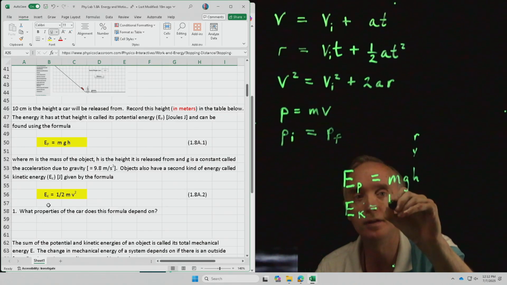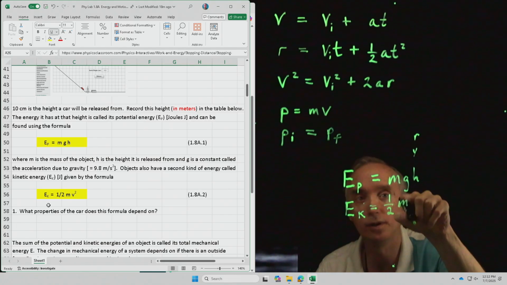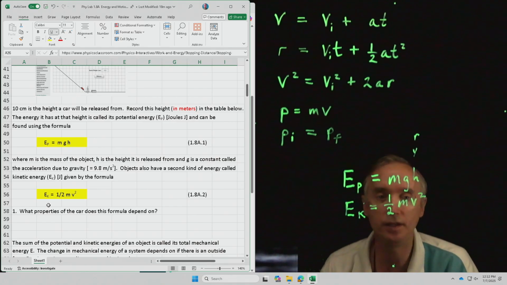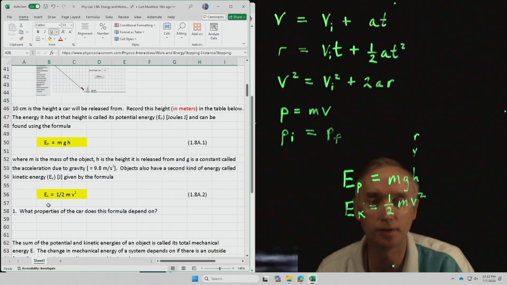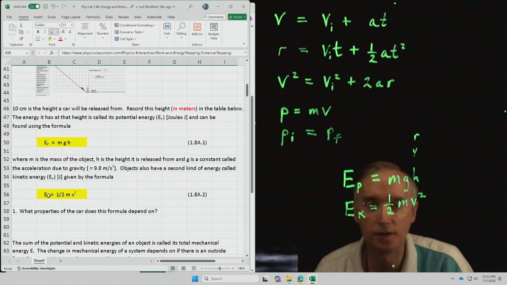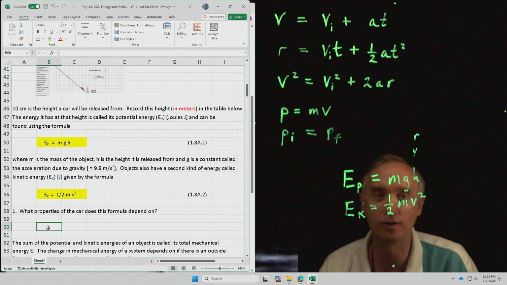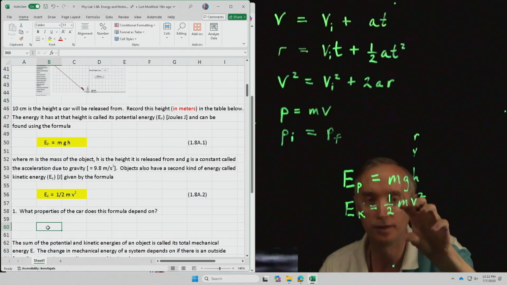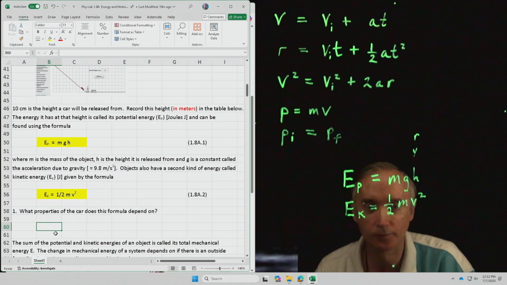And so this is going to be given by 1/2, and then M, same M here, and then V squared, where V is going to be the velocity. So right down here, what properties of the car does this formula depend on? And I guess I gave it away. So you're going to put that right here. So what do these two letters stand for? And then just put that in there.